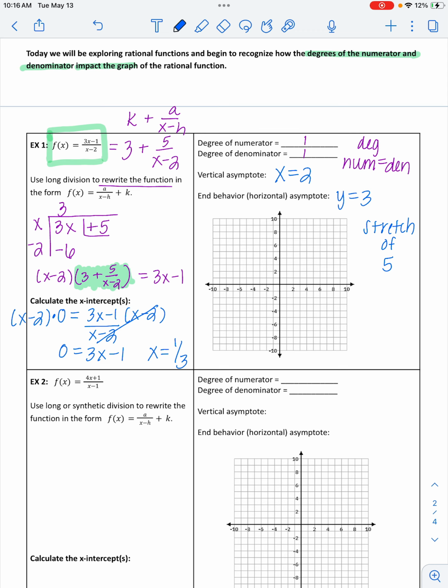So I'm going to go ahead and graph my vertical asymptote at x equals 2, my end behavior asymptote at y equals 3. I know I need a stretch of 5, so instead of going 1, 1, I now go 1, 5: 1, 2, 3, 4, 5. And I also do that on the left.